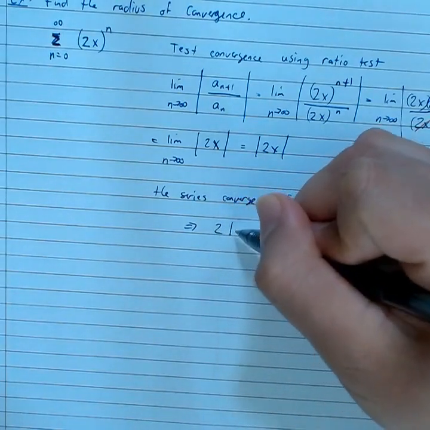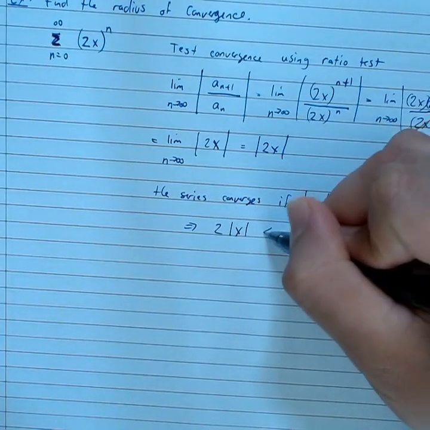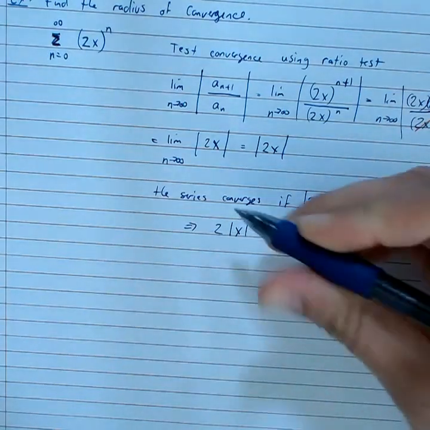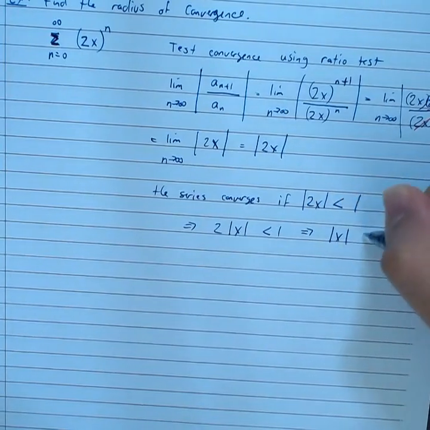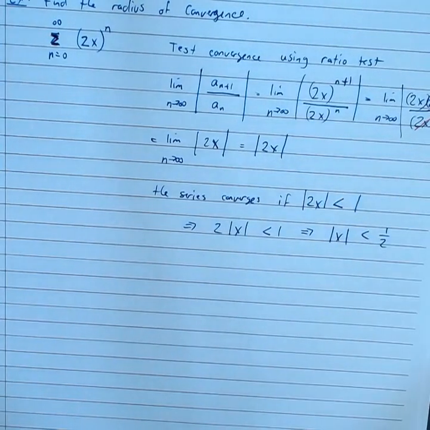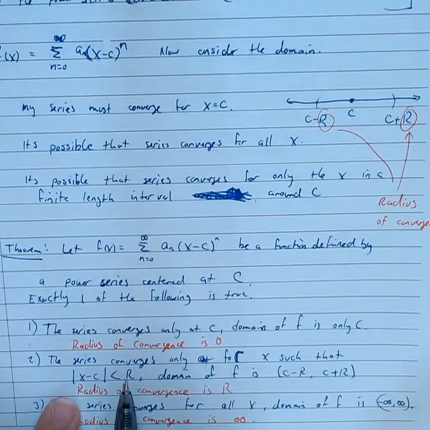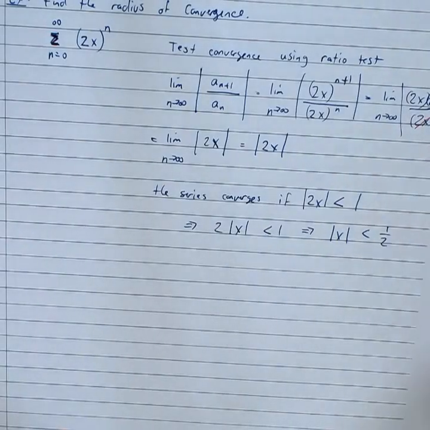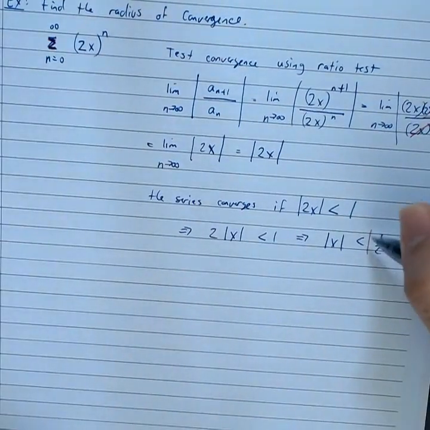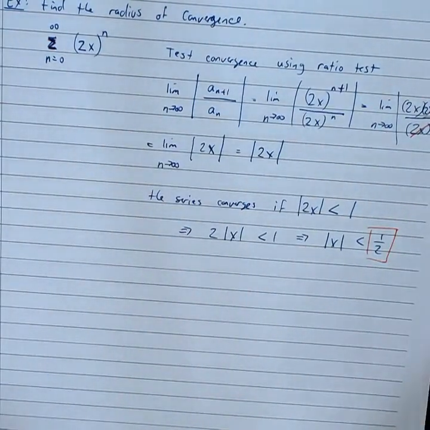I can just write this as 2 times the absolute value of x is less than 1. And now if I move that over to the other side, that's going to give me absolute value of x is less than a half. There we go. Now that looks just like this, which means that r, that 1/2, is my radius of convergence. So here the radius of convergence is 1/2.